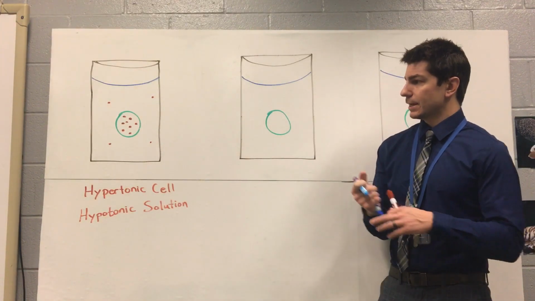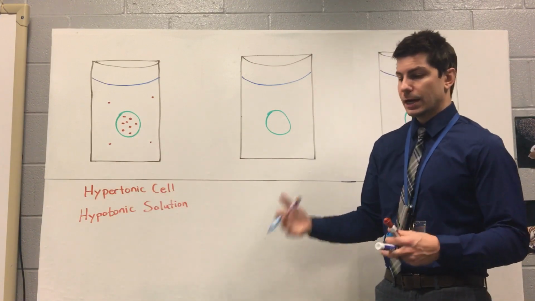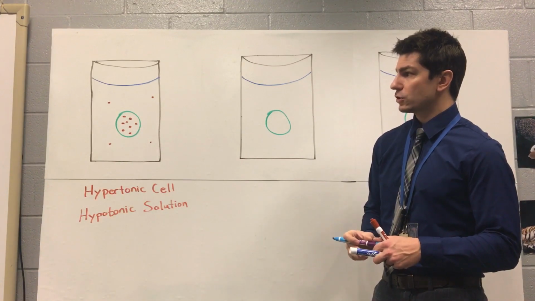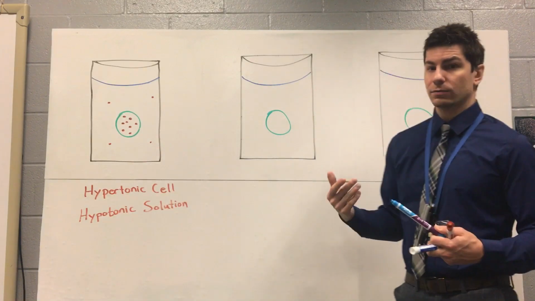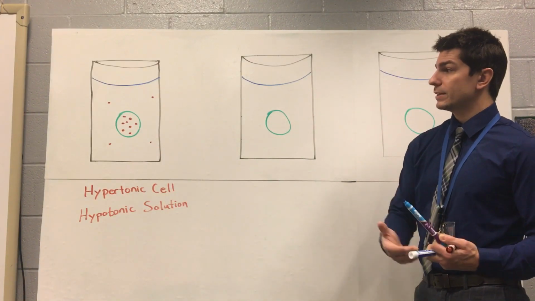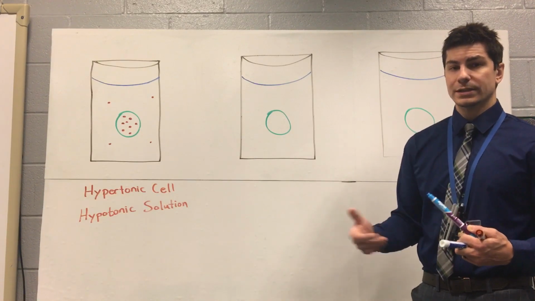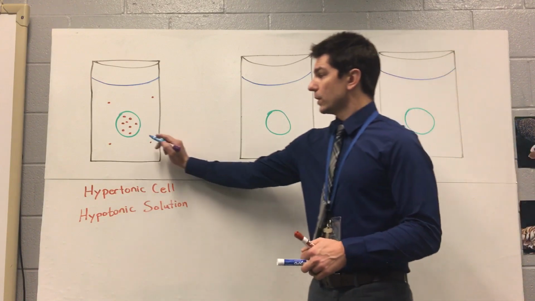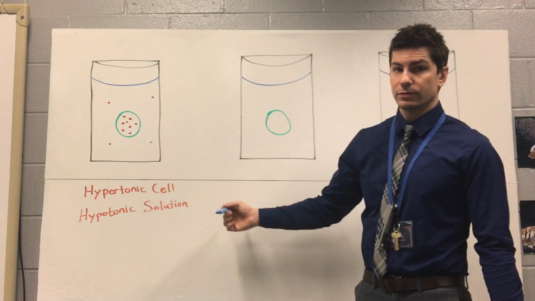So in this example, we're going to have water inside the cell because cytoplasm is pretty much mostly water. And then outside, in the solution, we're also going to have water. So water could move into the cell, water could move out of the cell. We just got to determine which way is it going to move more.